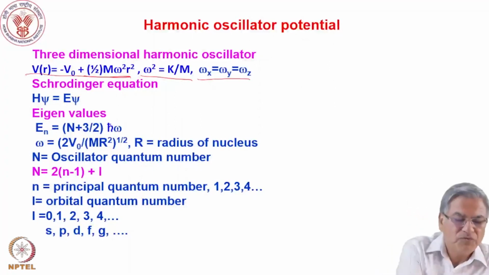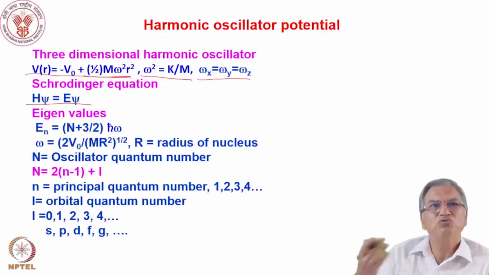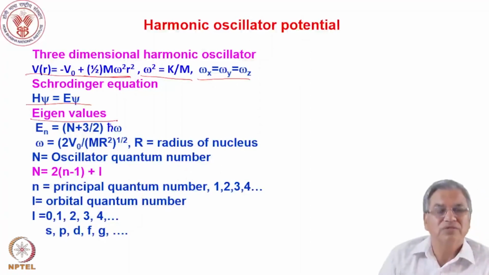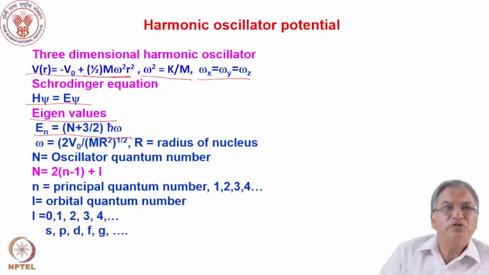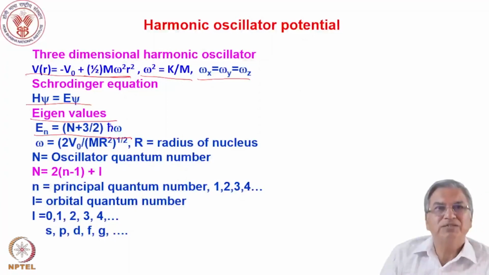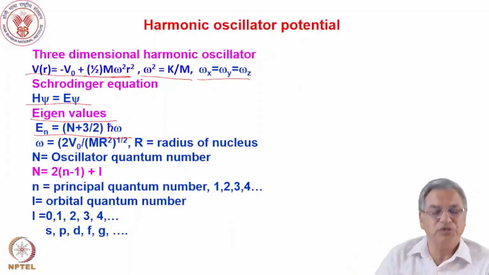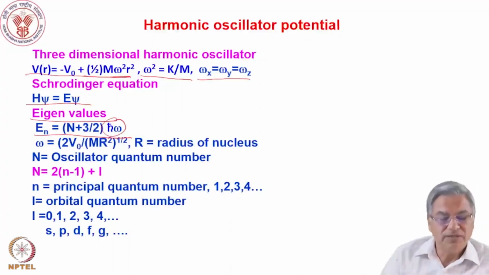Assuming that this oscillator is isotropic, that means the oscillation frequency in the x, y, and z directions is the same, omega x equal to omega y equal to omega. So the Schrodinger equation for this will be H psi equal to E psi. We will not go into the details of solving it. Our interest is to get the eigenvalues, and the eigenvalue of this Hamiltonian is given in terms of the oscillator quantum number as (n plus 3/2) h-bar omega. The 3/2 comes from the three-dimensional harmonic oscillator, and this is the unit of the oscillator energy.